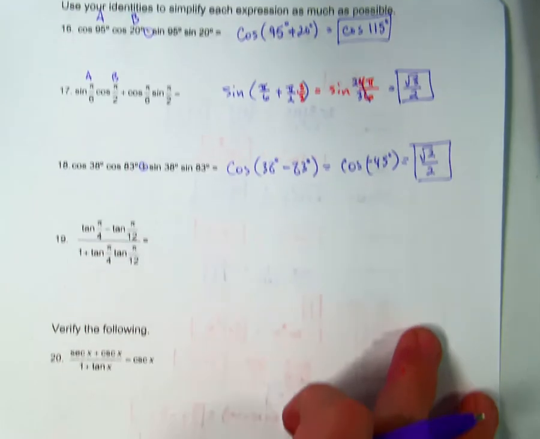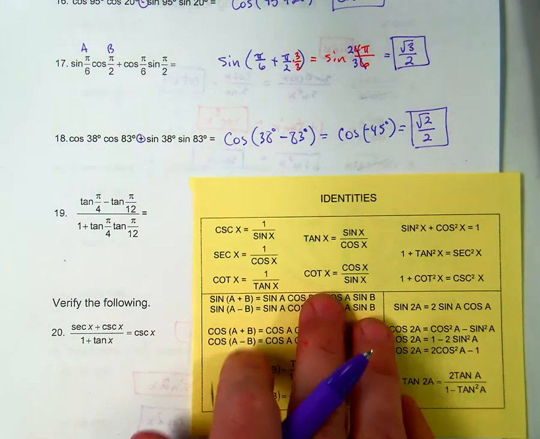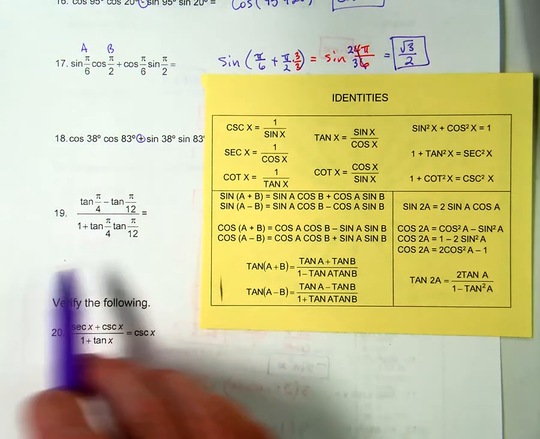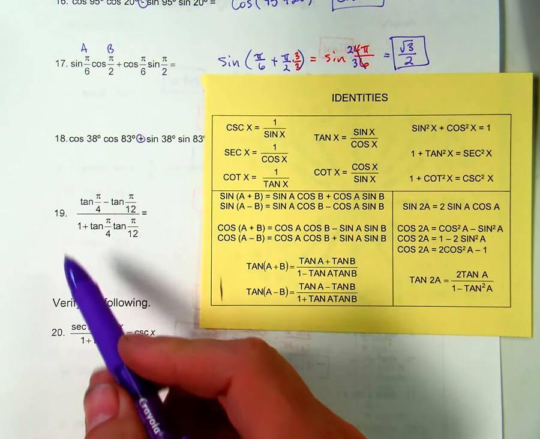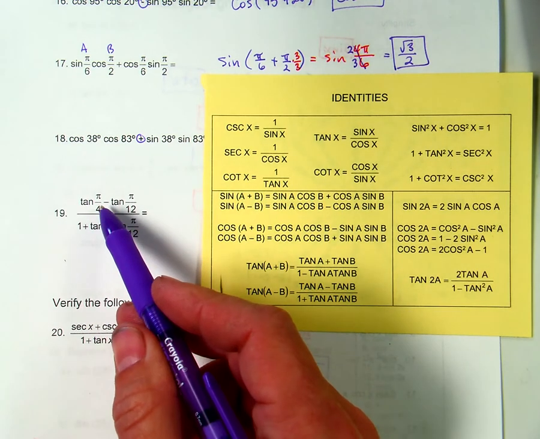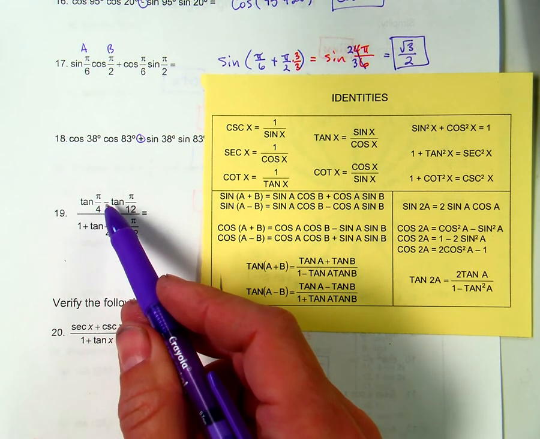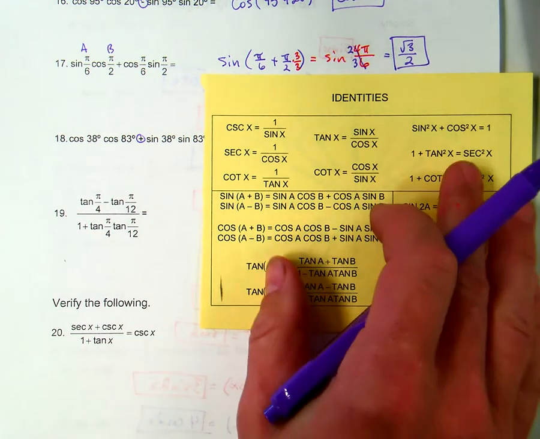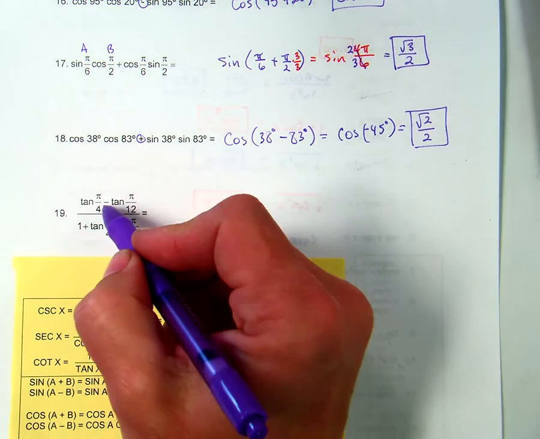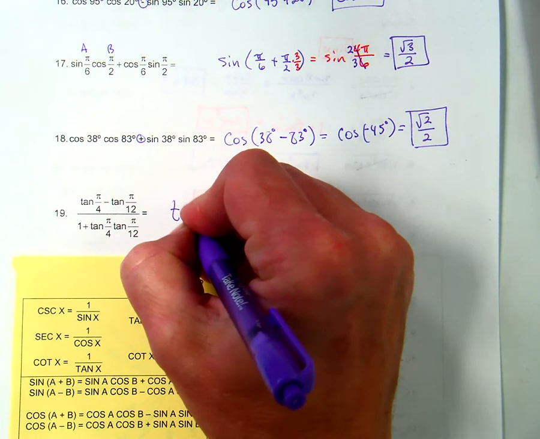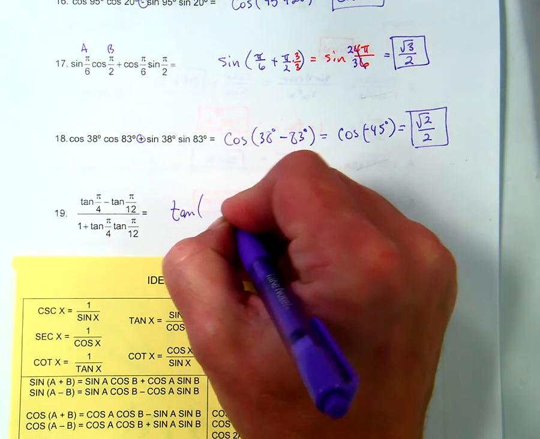All right, number 19, we're going to use the sum or difference of a tangent. In this case, remember, tangent is sine over cosine. So the top is going to be sine, which tells the truth. So the top one determines the sign of the actual sum or difference in the tangent. Because this is negative, we know this is going to be a negative inside.